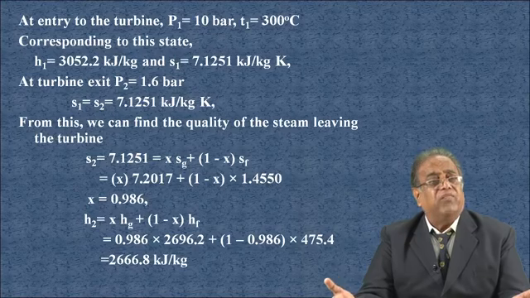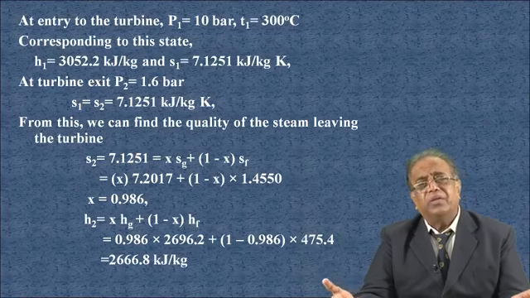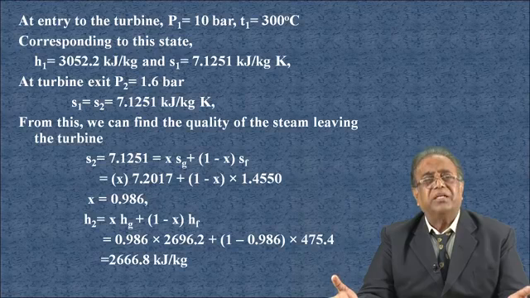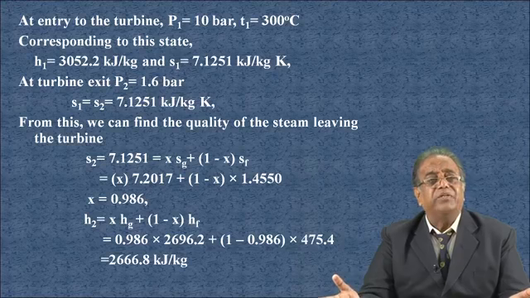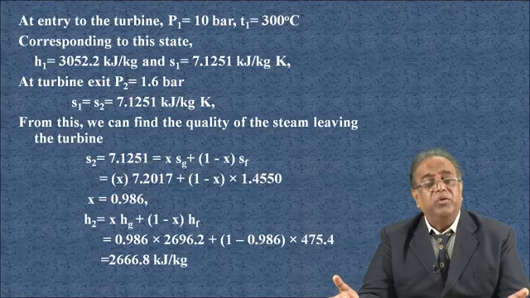From this, we can find the quality of the steam leaving the turbine. So there is another property, we call it quality. X is considered as the quality for this equation. So S2 is known, that is 7.1251, equal to X Sg plus within bracket 1 minus X Sf.